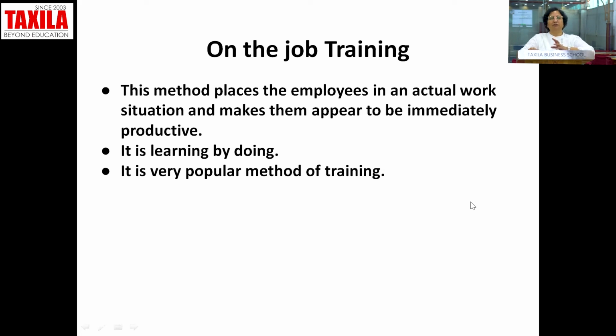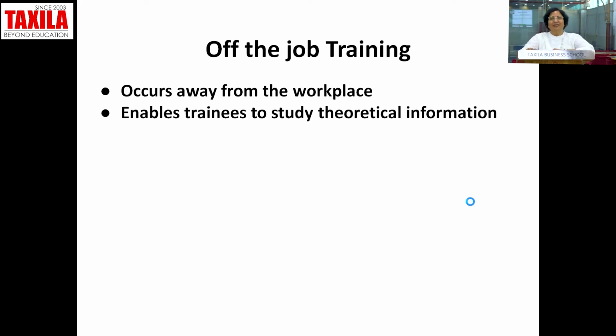You send the person to the workplace, he starts working, and you start getting the productivity also. Right? And when it comes to off-the-job training, it occurs away from the workplace. And in off-the-job training, it becomes possible for the employee to study theoretical information about his job, about his company, or maybe about his people, whatever is related to the task assigned to him.